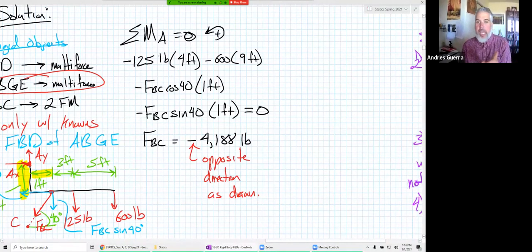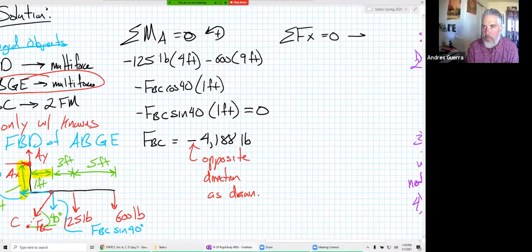But let's look at how we handle the negative sign when we do that. There's a couple of different ways to do it. What I like to do is ignore the fact that I got a negative, and I'm just going to use my picture. So when we go into our next equation, sum of force in the x or y would work, they both only have one unknown. I'm going to go ahead and go into sum of force in the x. That has an Ax going to the right.